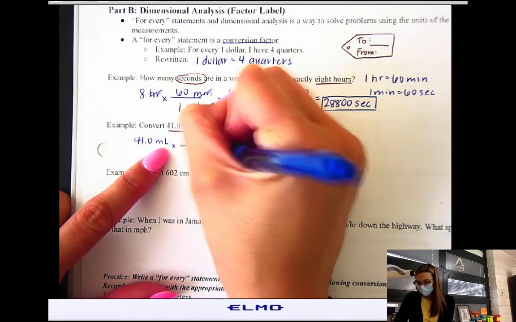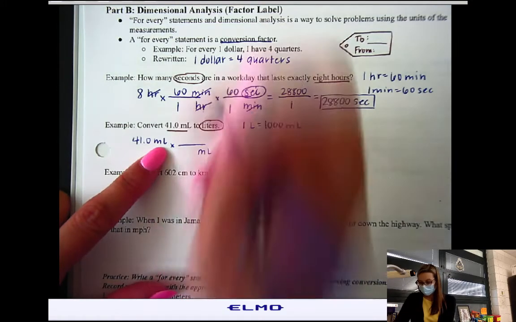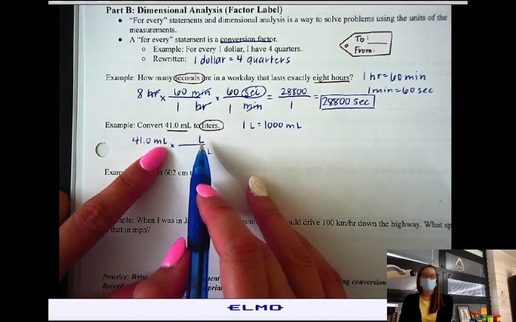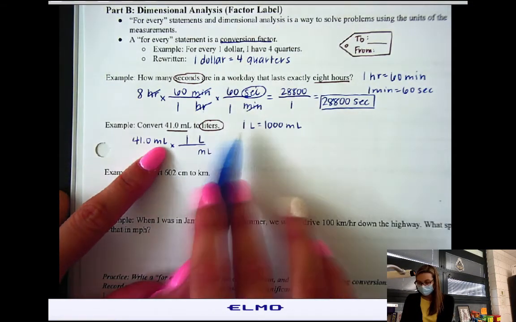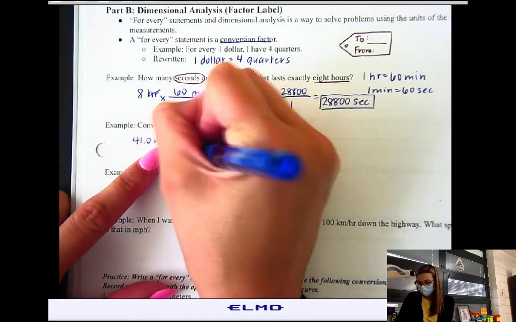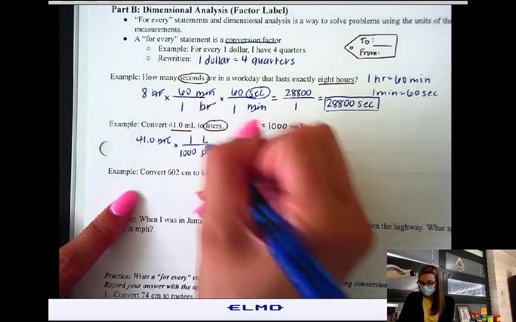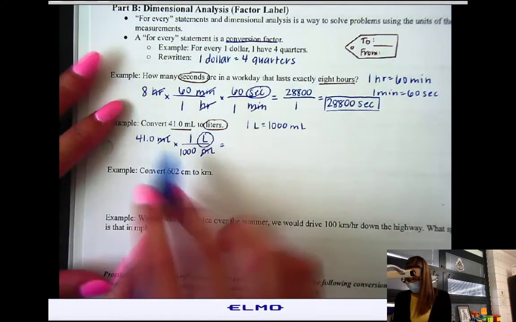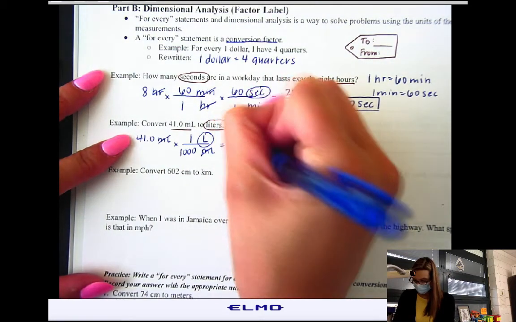I'm going to put milliliters on the bottom. That's the unit I'm going from. I want it to cancel out. The unit I'm going to is liters, so that goes on the top. For every 1 liter, there are 1,000 milliliters. Milliliters cancel. I'm left with liters, which is what I want. So now to solve this, multiply across the top. 41 times 1 is 41.